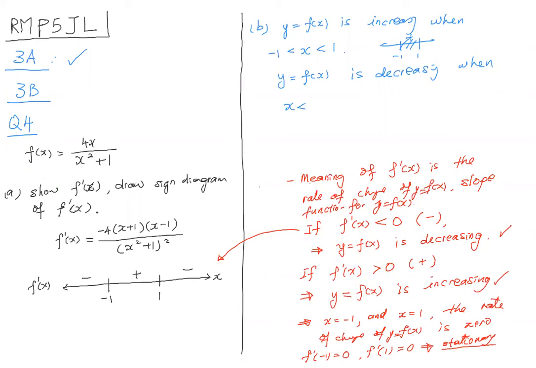If you don't want to put equal, it's fine as well, because at x equal to -1 it is stationary, or x more than or equal to 1. Up to you. That is the point where it starts to decrease. That is the point where it starts to increase. It's fine.